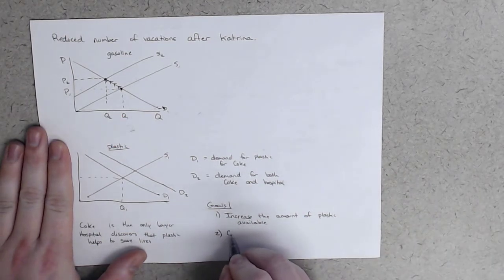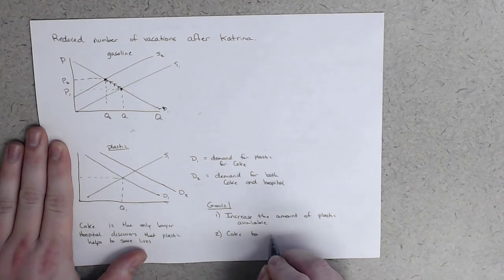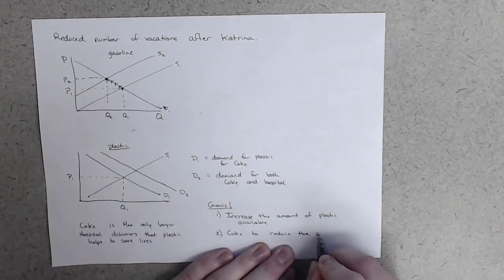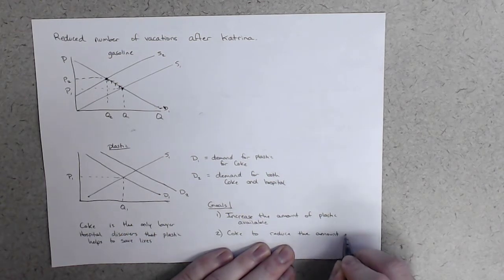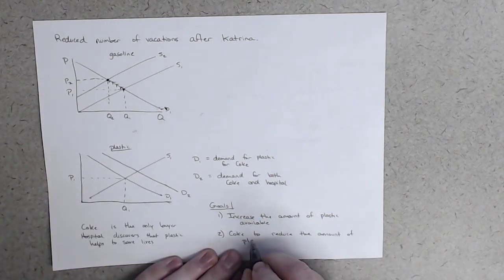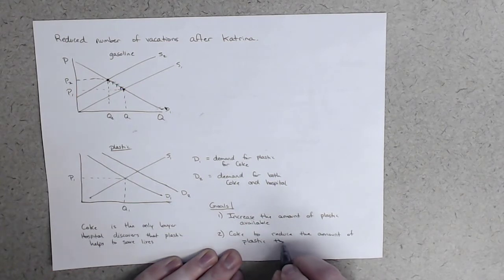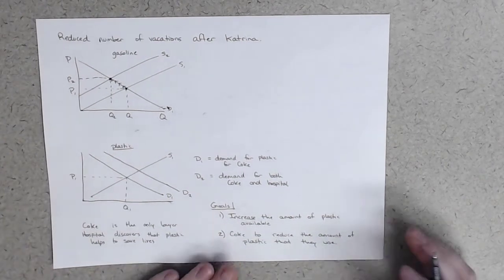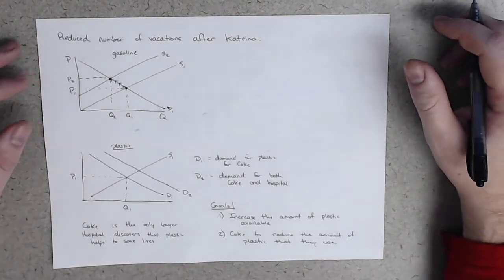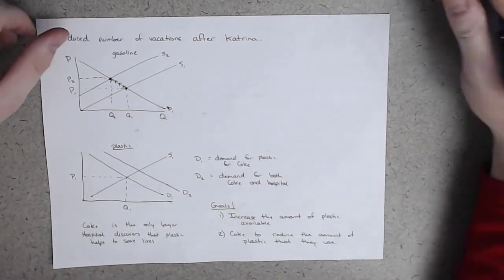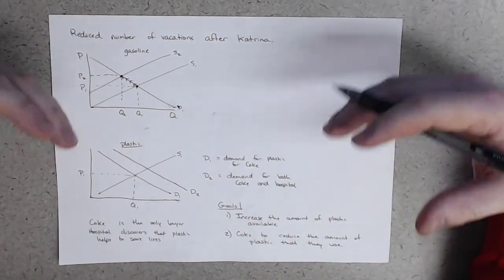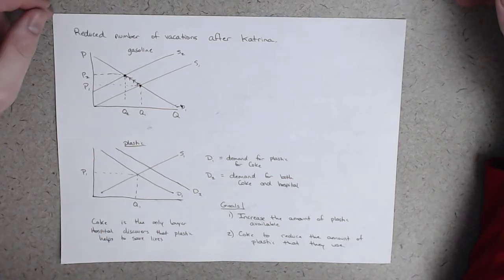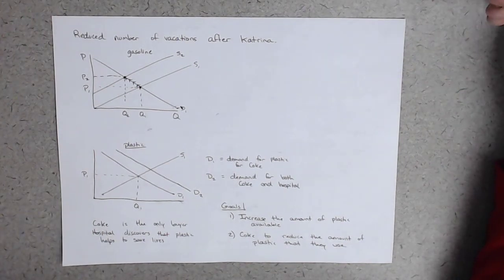And we'd also want Coke to reduce the amount of plastic that they use. And let's pretend that Coca-Cola is just an evil mega corporation and they have absolutely no regard for human life whatsoever, right? So they're just the meanest people. Now, this is obviously not true.